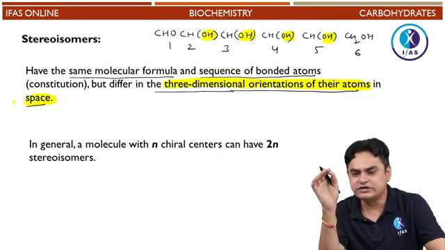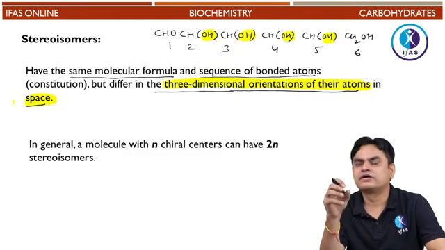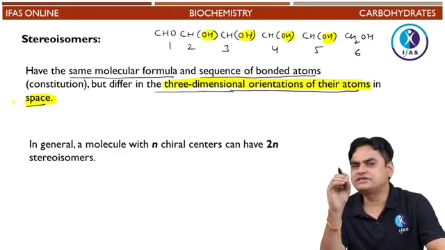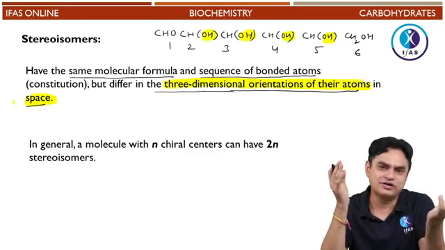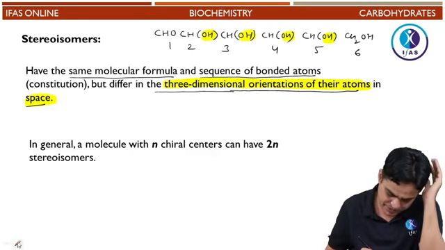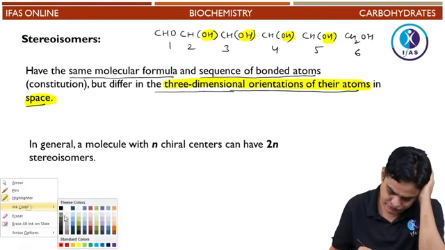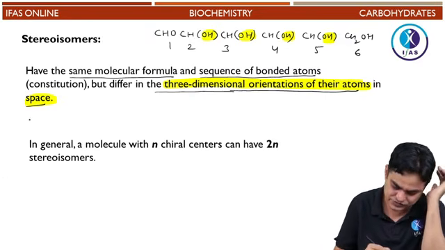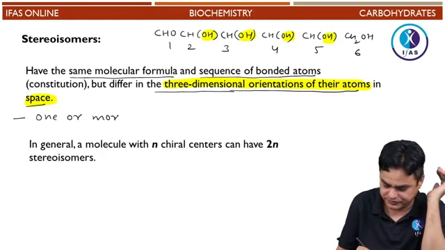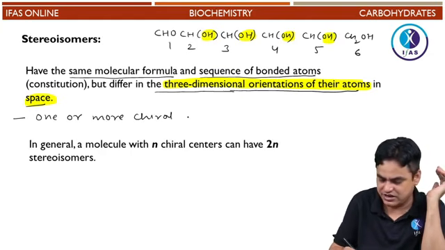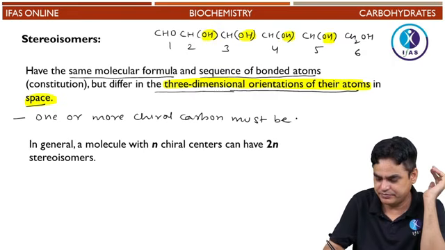So for stereoisomers, the minimum criterion to be fulfilled is that there must be at least one chiral carbon, so that you can put some atoms on the left side and some atoms on the right side.